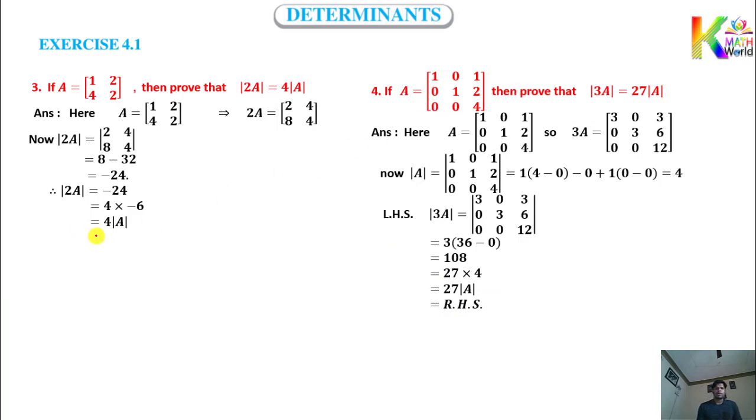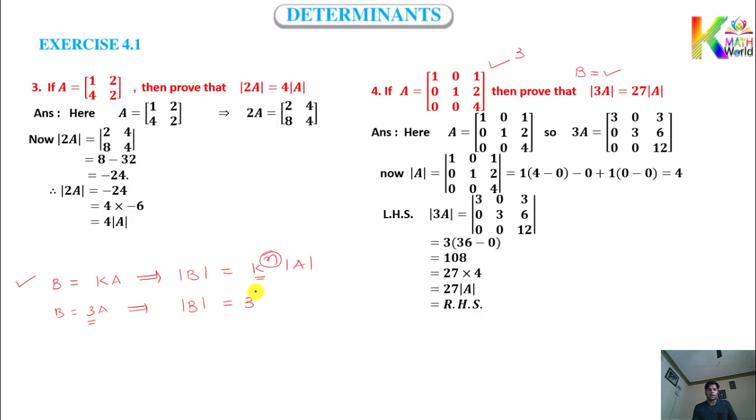Earlier, whatever I discussed, the same thing you can see here. Suppose you consider B equals K times A. Then the determinant of B will be K raised to n into the determinant of A. This was your third note. Now suppose you consider B equals 3 times A. Then K is 3, and n indicates the order of the matrix. The order of the matrix is 3, a 3 by 3 order.